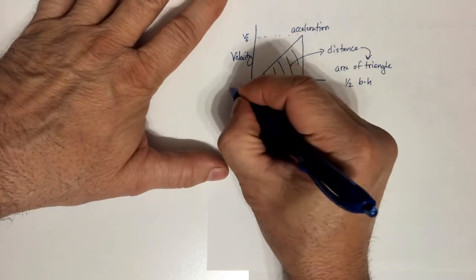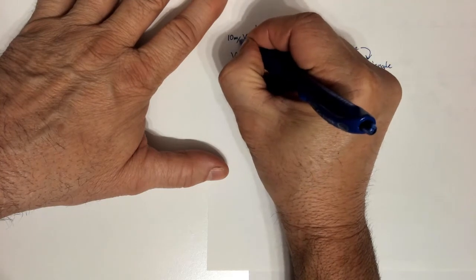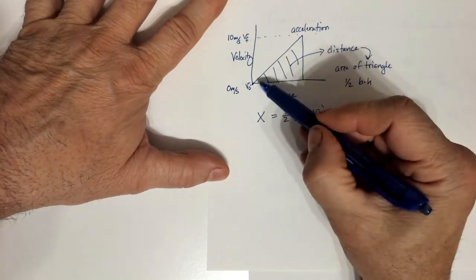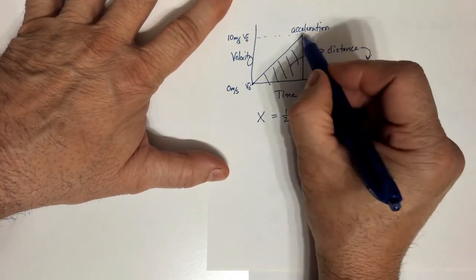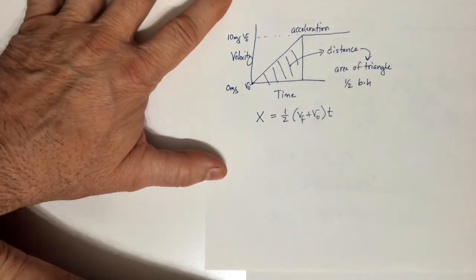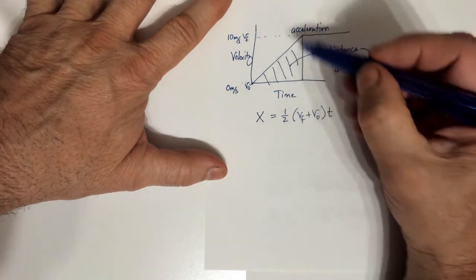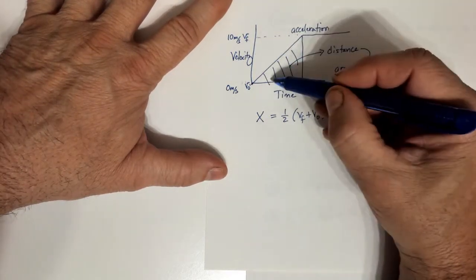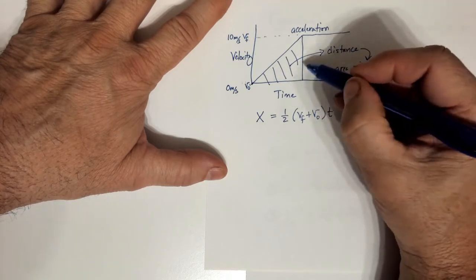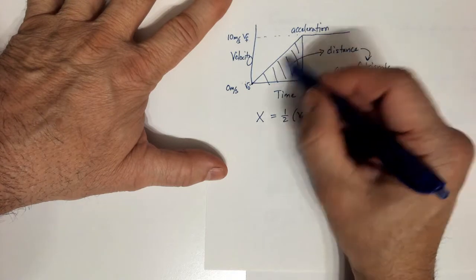So this might be 0 meters per second, and this could be 10 meters per second. And as you increase speed, and then maybe you stay at the same speed for a while, you don't change speed, now you've accelerated on the highway and you're there. Okay? If you want to find the distance that you traveled in this first chunk of time, okay, then they've discovered you just need to find the distance by finding the area under this shape.